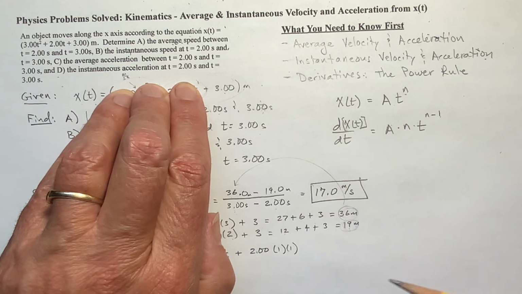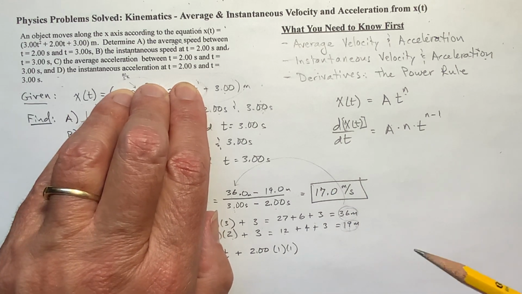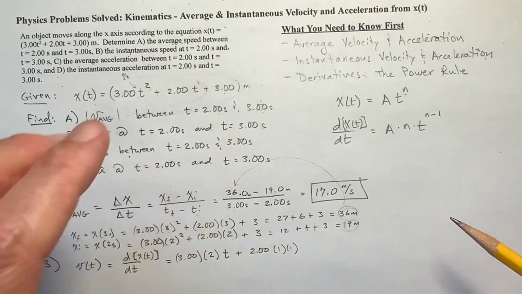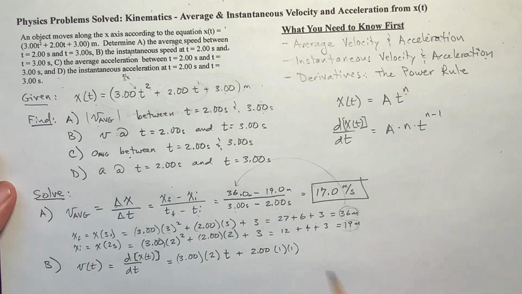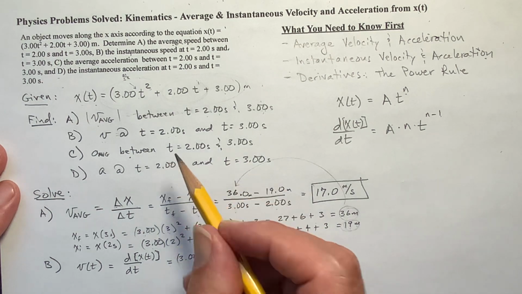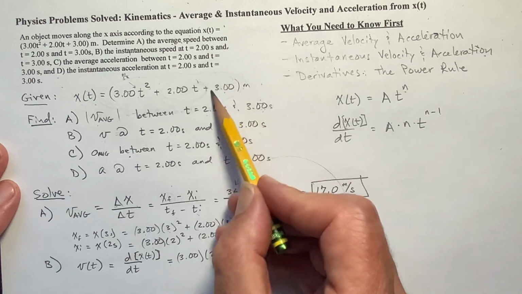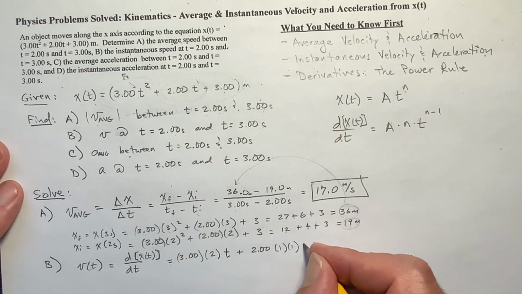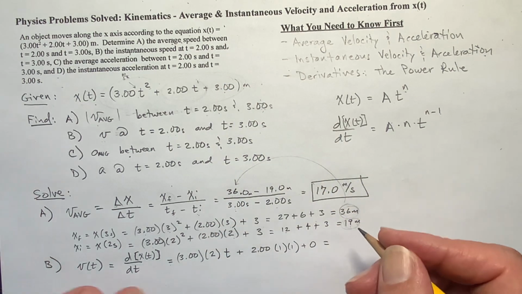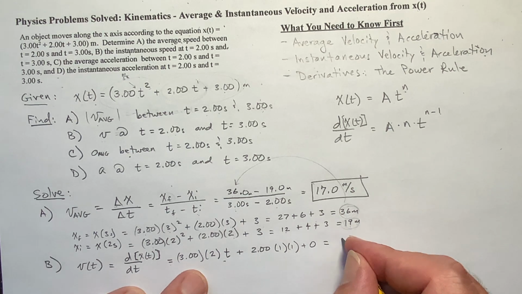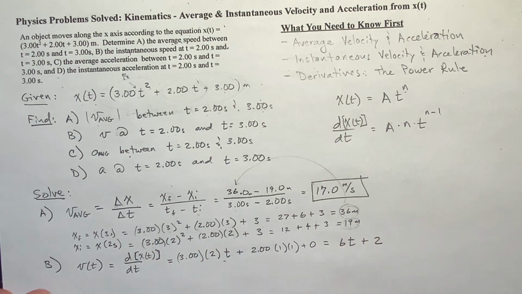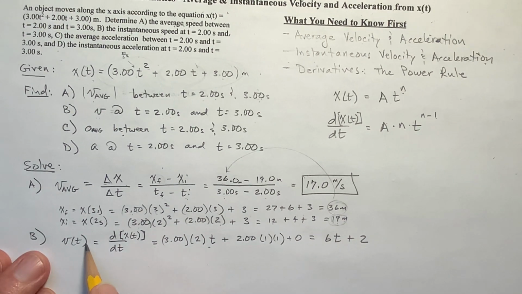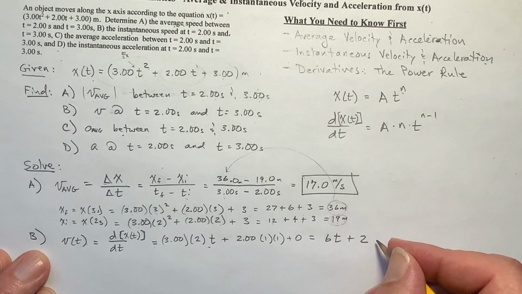So there's no rate of change. As time goes by, it doesn't displace. And so it has a 0 slope, and a 0 slope is a 0 derivative. So when you operate the derivative on this 3, you get 0. So I'll go ahead and put plus 0. So now, this is simply 6 times t plus 2. So this is my velocity as a function of time.